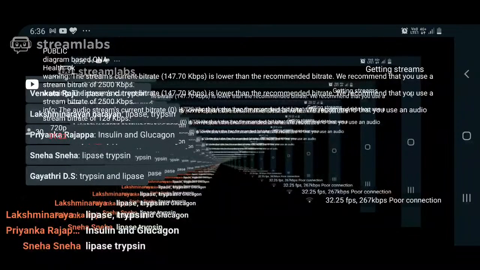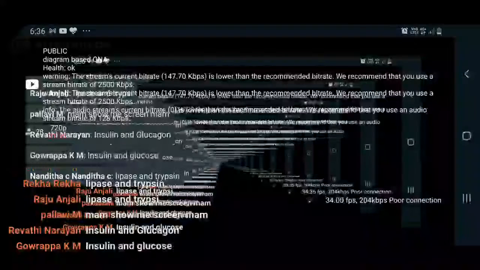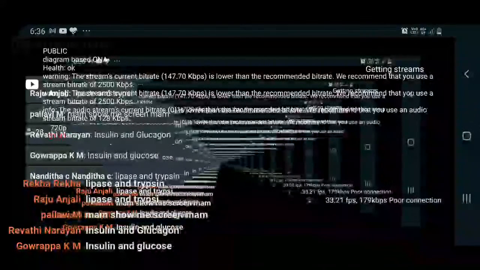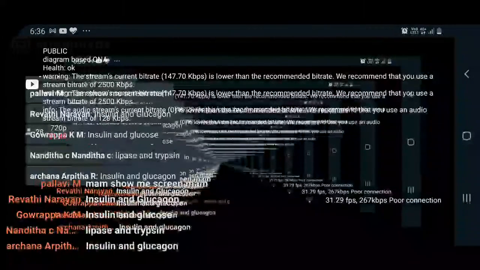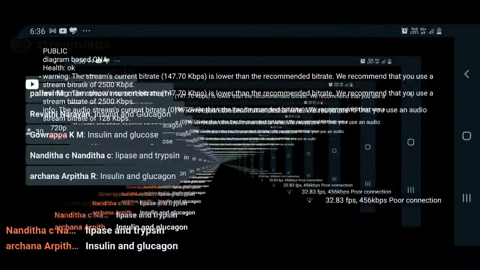Insulin and glucagon are the two hormones secreted in pancreas. Yes, Revati, Varsha, Nandita. Nandita, those two are the secretions, not hormones.